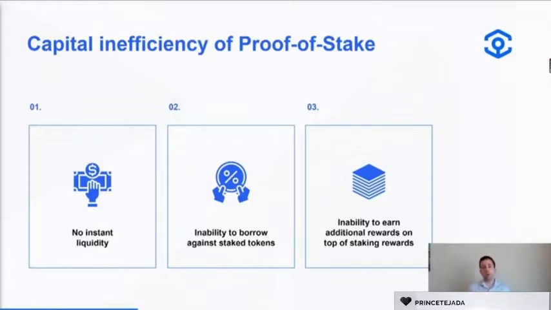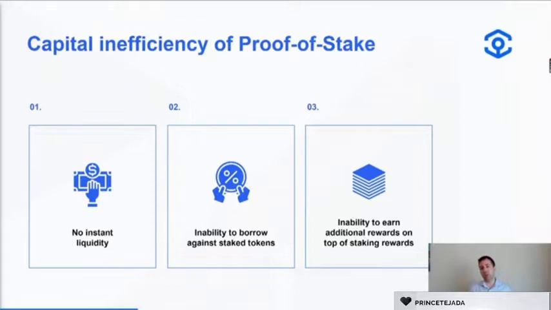The other inefficiencies that we believe are important are the inability to borrow against staked Fantom, for example. We believe this is an inefficiency that we are aiming to solve, and also the inability to receive additional rewards on top of Fantom staking rewards, because the specificity of DeFi is its composable passive income nature.